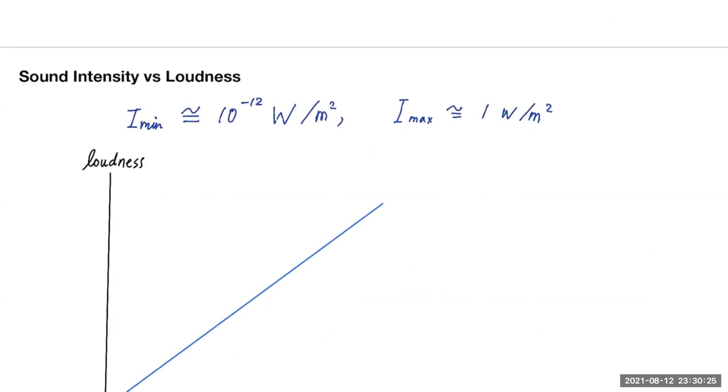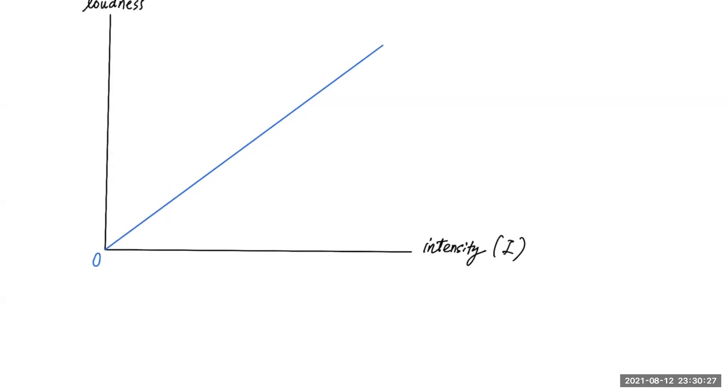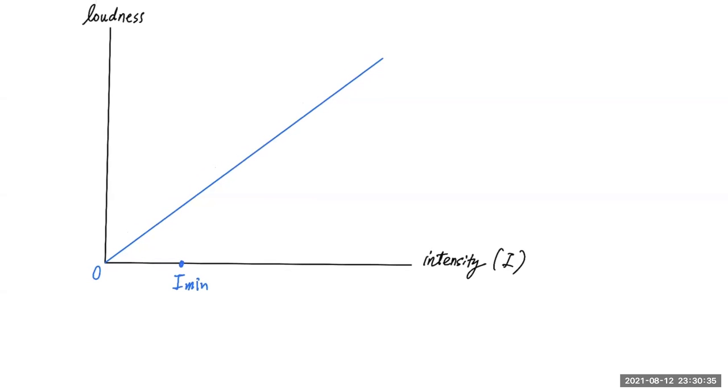So the perceived loudness will be 0 at that I minimum, 10 to the negative 12. We can barely hear something, loudness just barely above 0. But from that point on, are you going to get a straight line? No, because as the intensity grows, the loudness does grow, but it shouldn't grow as a straight line. Rather, it should look like this.